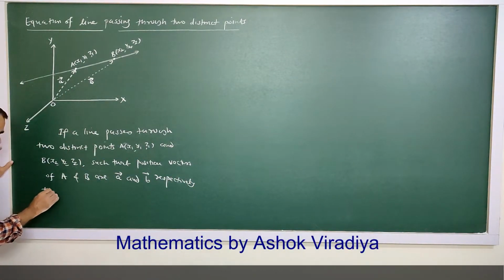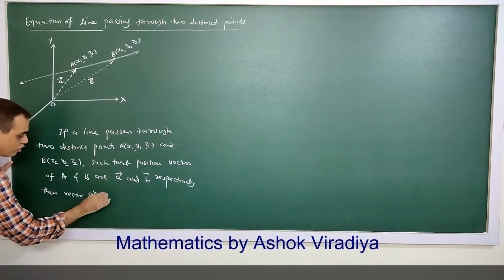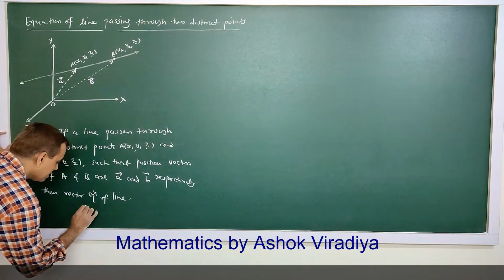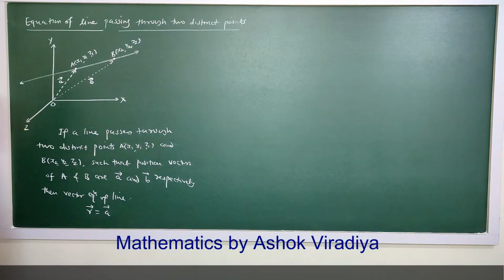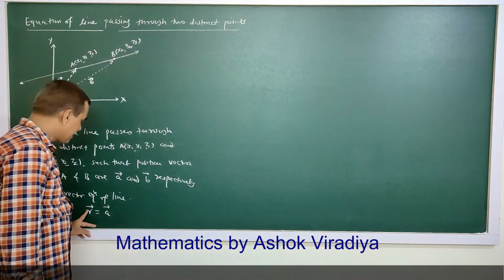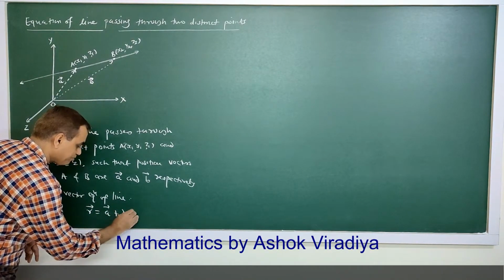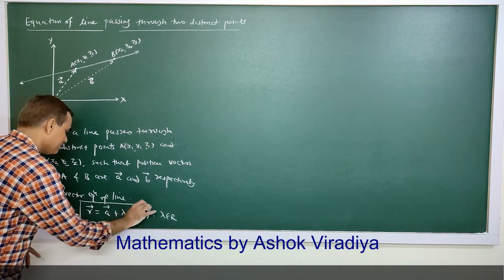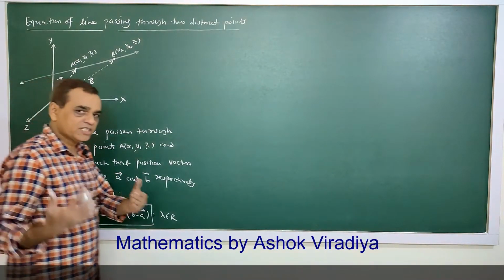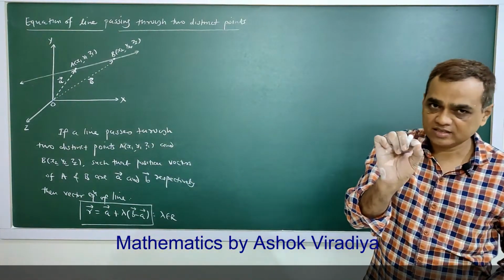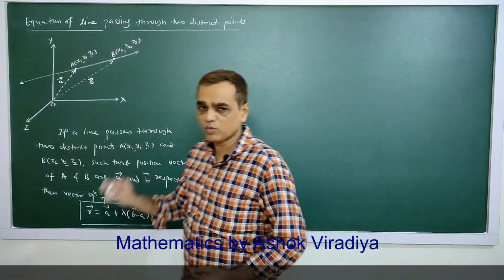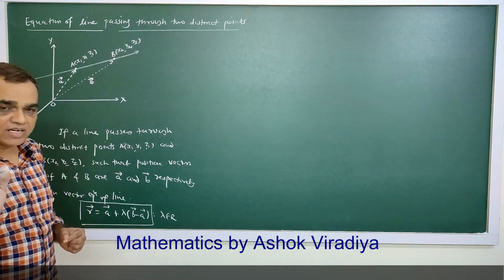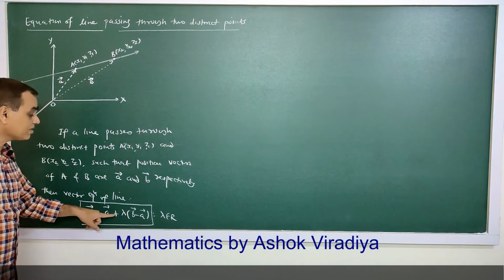then the vector equation of this line is vector R equal to vector A plus lambda times vector B minus vector A, where lambda belongs to R. In the previous result we discussed that if one point is given and a parallel vector b is given, then the result was vector r equal to vector a plus lambda times vector b.